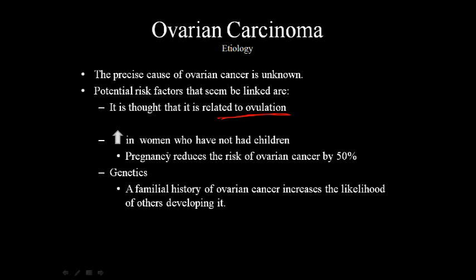It's increased in women who have not had children. Pregnancy reduces the risk of ovarian cancer by 50%. So patients who have not had children tend to have a higher risk of ovarian cancer.